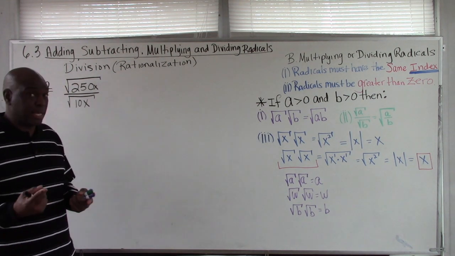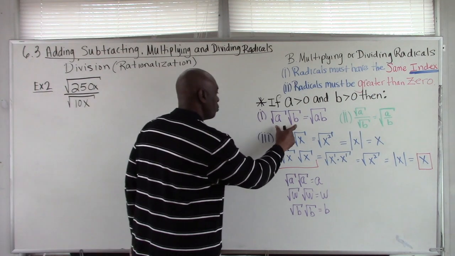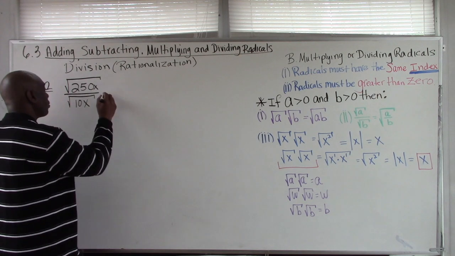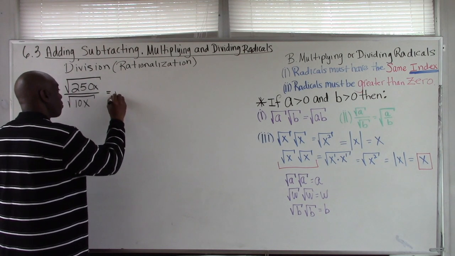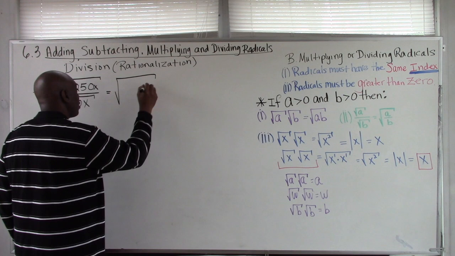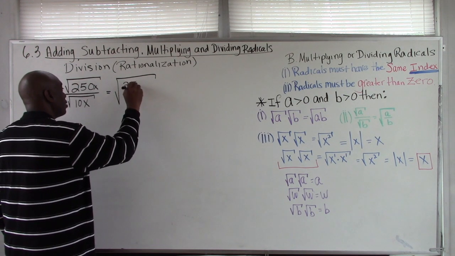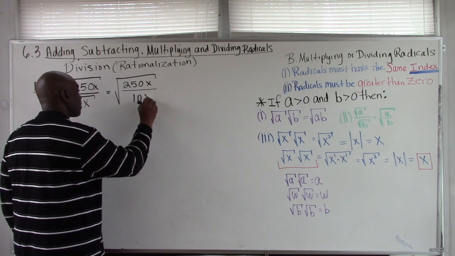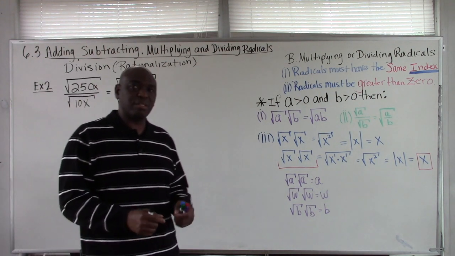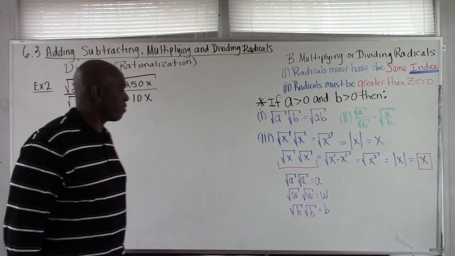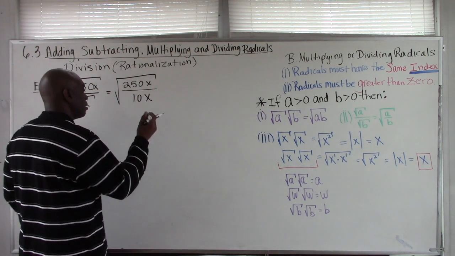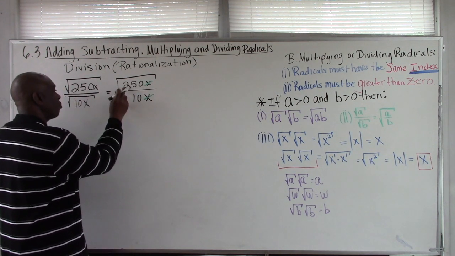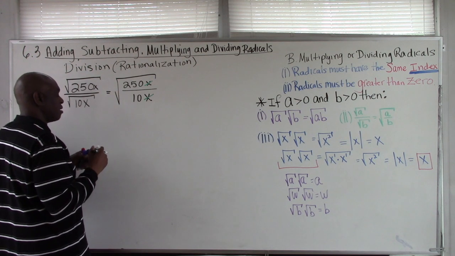Now in this case, again, let's take the 2 and make it 1 radical. So this is going to give us the square root, one big house, of 250x divided by 10x. All right, now let's go ahead and simplify what's inside of the radical. I notice that my x's cancel out and that 250 divided by 10, well, watch this.